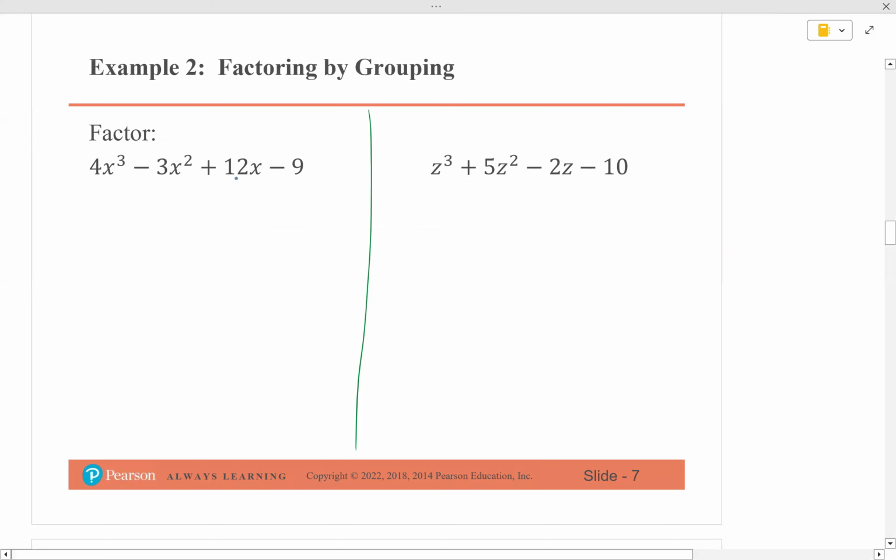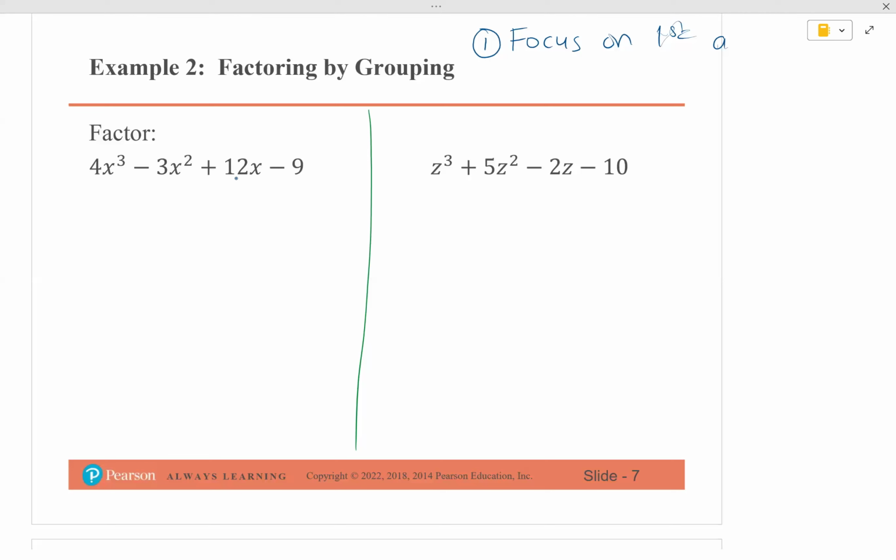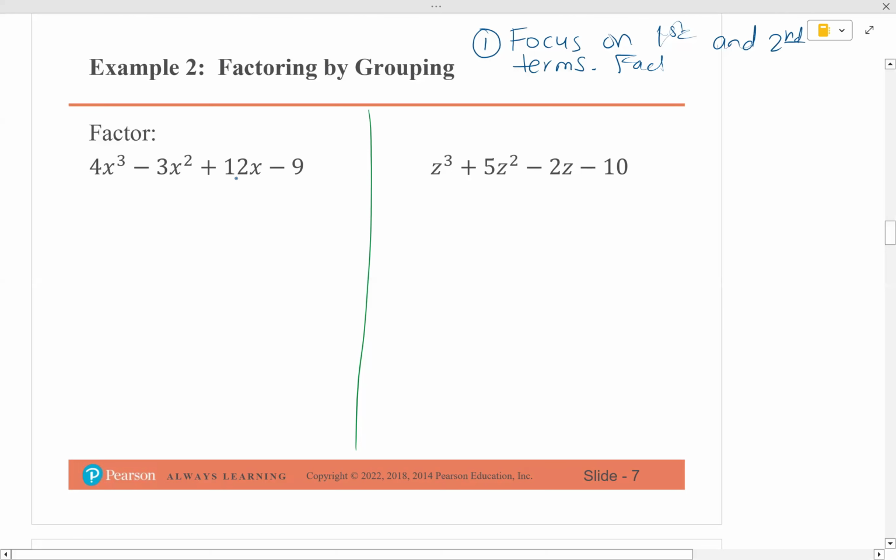First one is focus on the first and second terms. Factor out their greatest common factor. So like in this first example here, the left one, I always have to draw, I know it's sad, but I have to draw this kind of barrier.